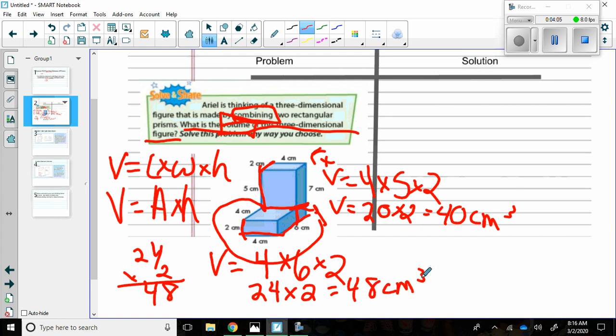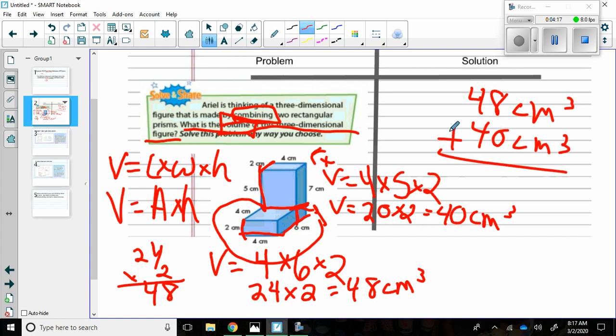And then we have to combine the volume, which is in our I can statement. So we're now going to take 48 centimeters cubed, and add 40 centimeters cubed, and we get 88 centimeters cubed for the volume of that 3-dimensional box.